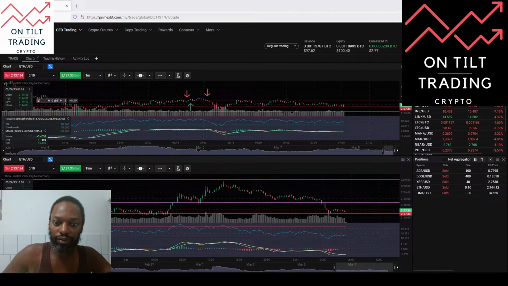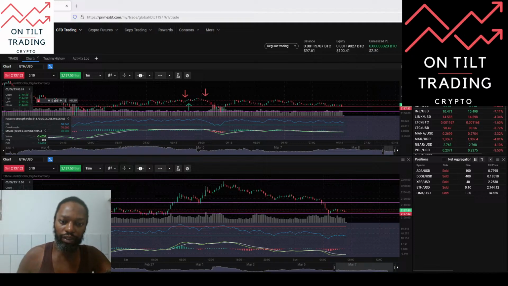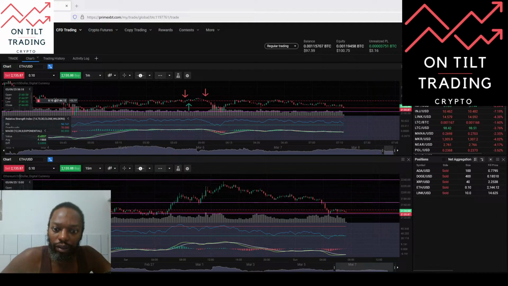Similar price action to DOGE, even though it seems there's more buying pressure on Ethereum. You can see how DOGE consolidated here pretty well at S3, where Ethereum is consolidating in a wider range than Cardano was, and is consolidating above S3.